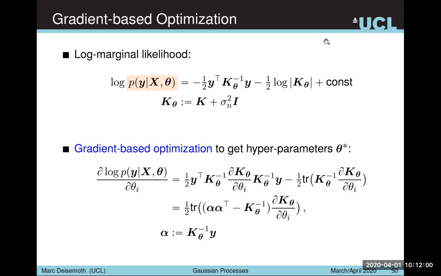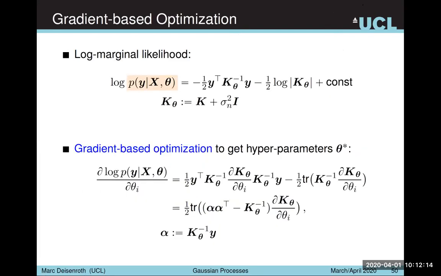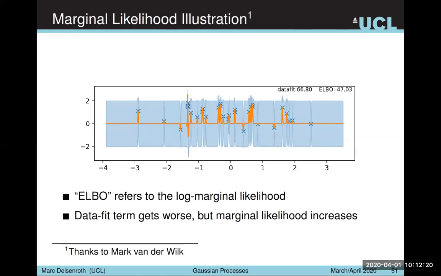Okay, thanks. So I'm recording again, thanks for the reminder. Now, given that we have looked at the maths and the derivation of how to optimize hyperparameters, let's see what happens here.